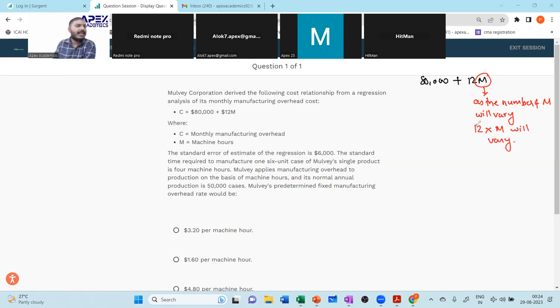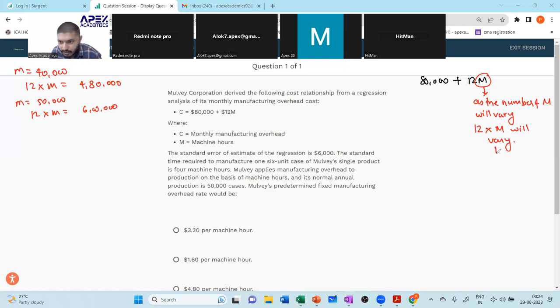Yes or no? Suppose if I say M is equal to 40,000, 12 into M will be how much? 4,80,000. If I say M is equal to 50,000, 12 into M will be how much? 6 lakhs. Are you with me?